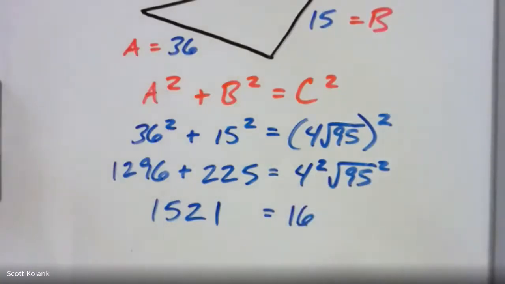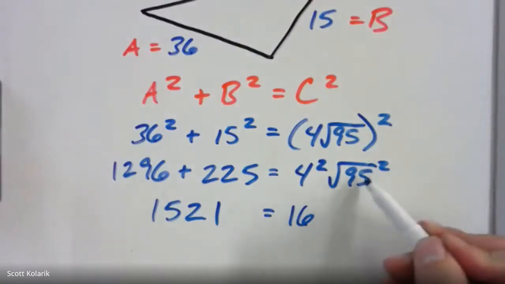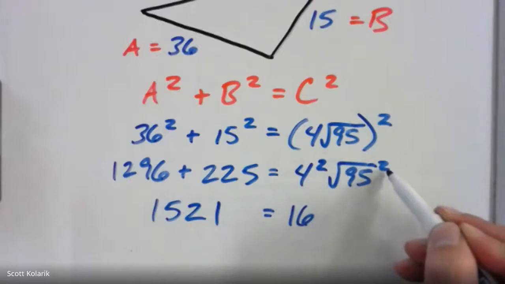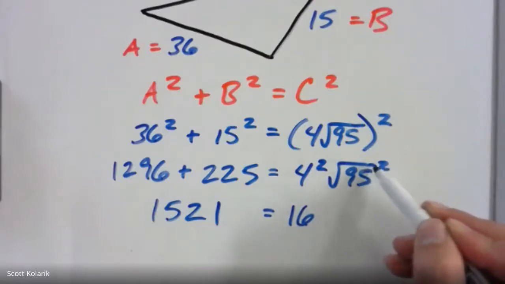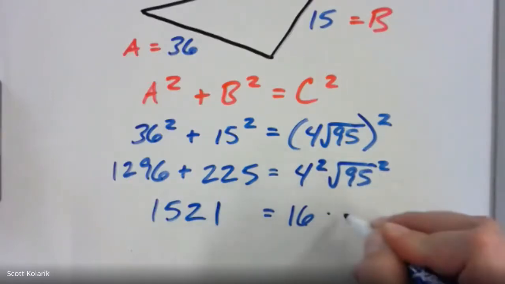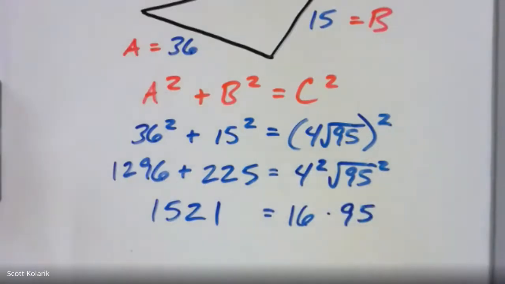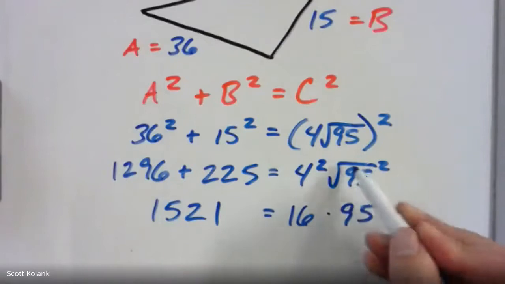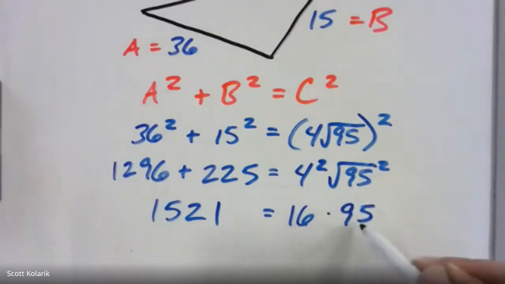It's 16. 4 times 4. This is one that's weird for a lot of people, but what happens here is I have a square root that is then squared. What we're going to end up doing is undoing the radical. In other words, I'm left with just the 95, no radical. Square root of 95 times the square root of 95 gets rid of the radical, and it's just 95.